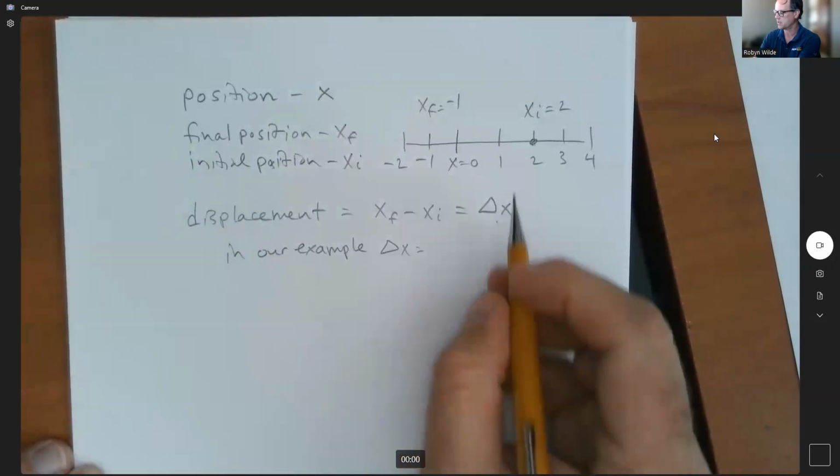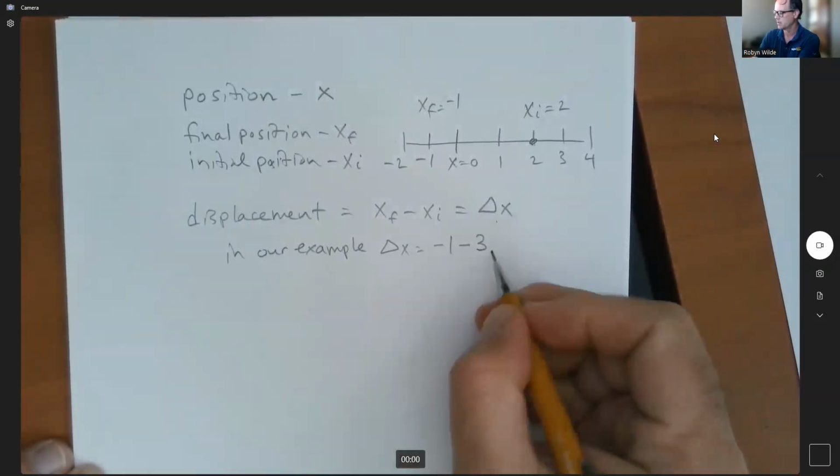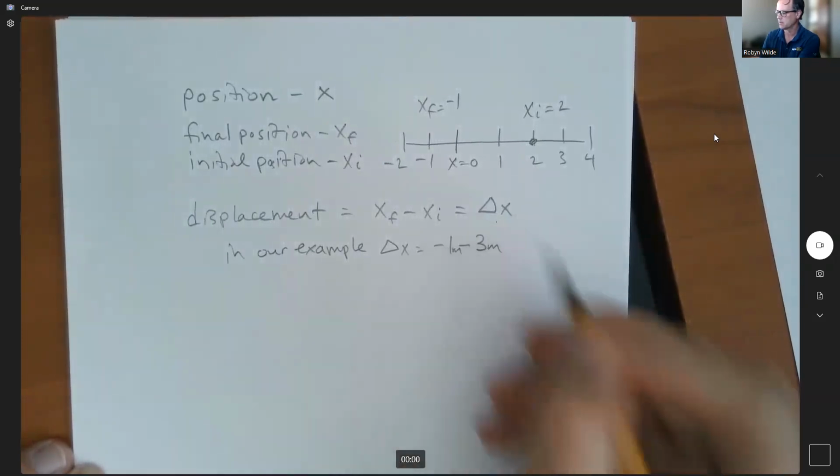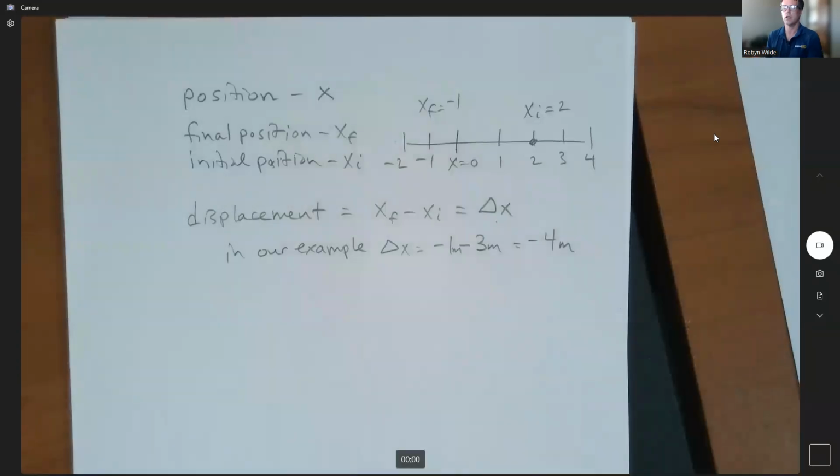Delta X is -1 minus 3, and we're going to call these meters. So it's -4 meters. And the point is that the negative sign there is telling me the direction of that displacement. You moved 4 meters to the left, or 4 meters in the negative direction. Okay. So that's the definition of displacement.